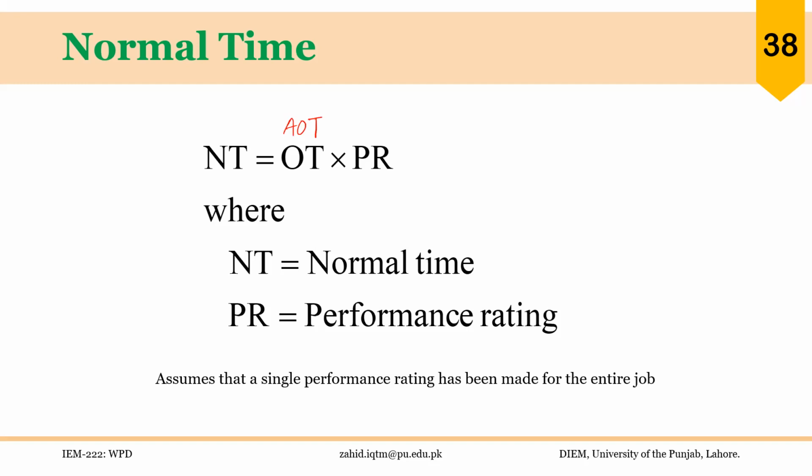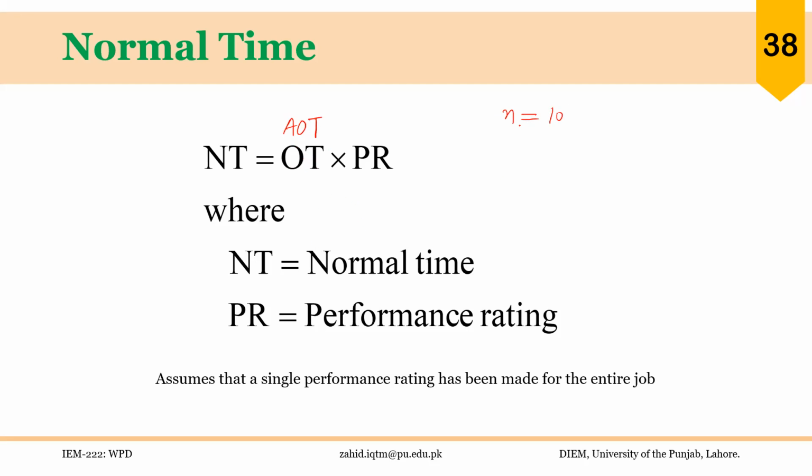Now, one important point is that if you assigned one cumulative rating, then that is straightforward. But if you assign a rating to each observation, then you have to take the average of ratings as well. For example, if n was 10, so you took 10 readings and took the average of those, that is the average observed time.